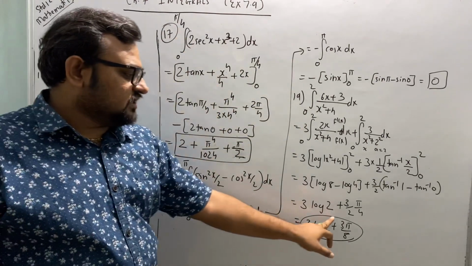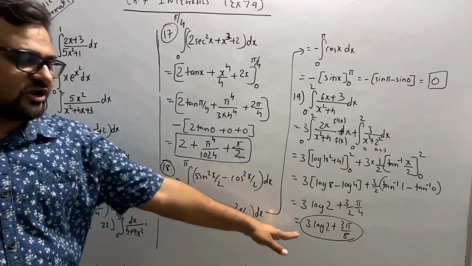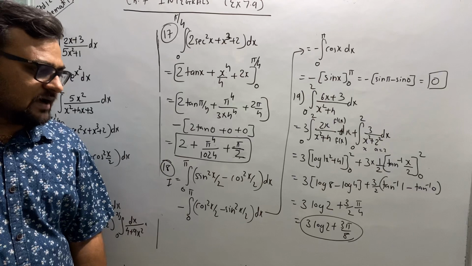You can also take this in the power, log 2 cube, that is log 8. But you can also write it as 3 log 2 plus 3 pi by 8.